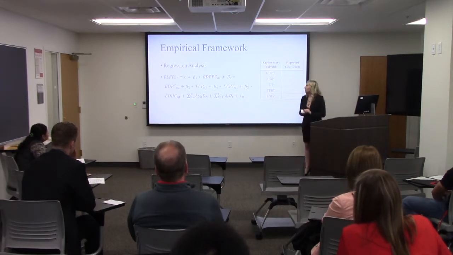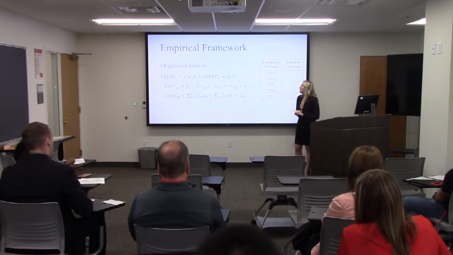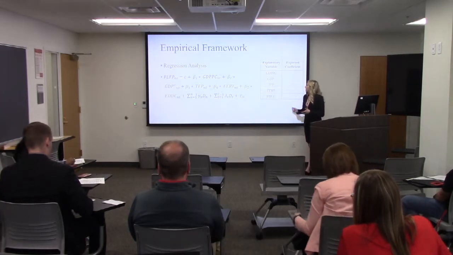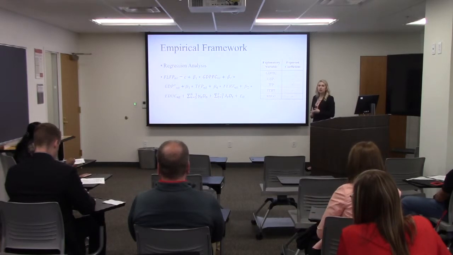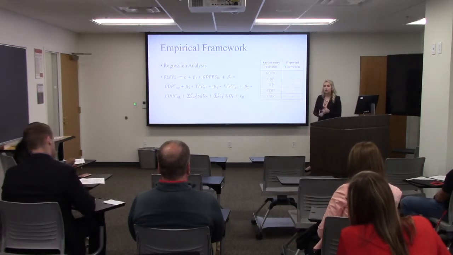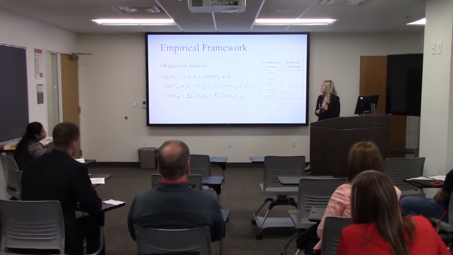So for my empirical framework, I also did an OLS regression analysis, and I looked at 5 different variables. I had GDP per capita and then GDP per capita squared in order to try and find that U shape. And then I used total factor productivity, fertility rates, and then education. And for education, I used primary enrollment rates.